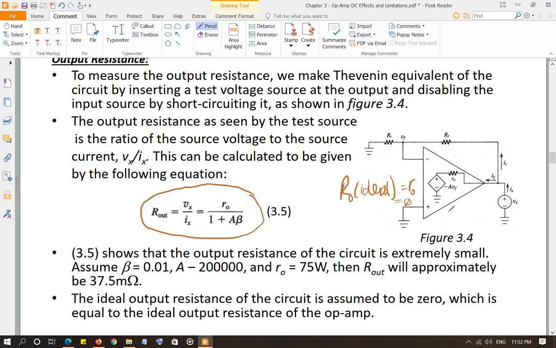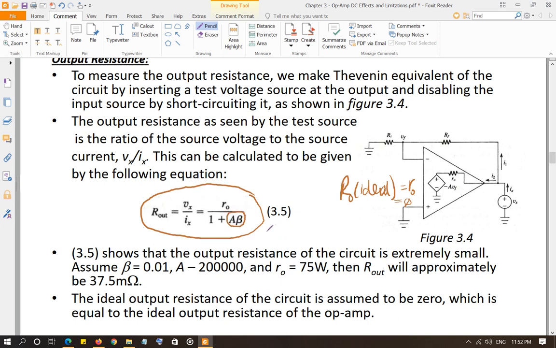So we short circuit all the input voltage sources, and we apply a test source at the output, and we measure the ratio of the voltage of the source to the current coming out of the source. So when we do that, Vx over Ix, we will get R out over 1 plus A times beta. Once again, A times beta is extremely large.